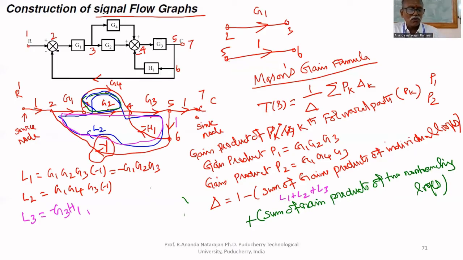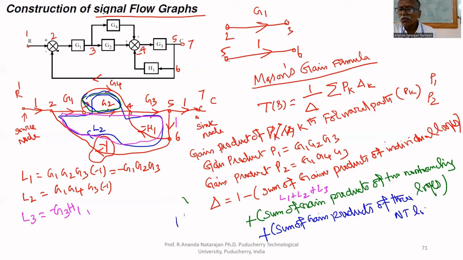Now, if you write the third term, the sum of gain products of three non-touching loops, with a minus sign, plus the sum of gain products of four non-touching loops, and so on up to infinity.